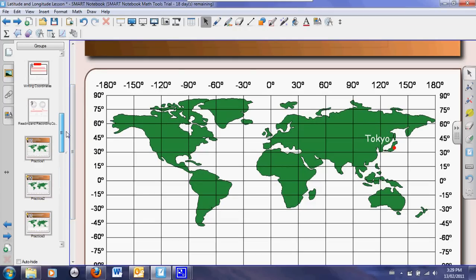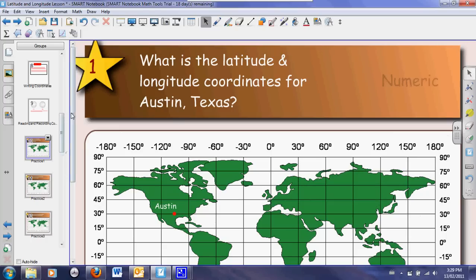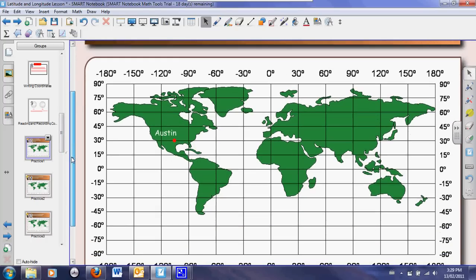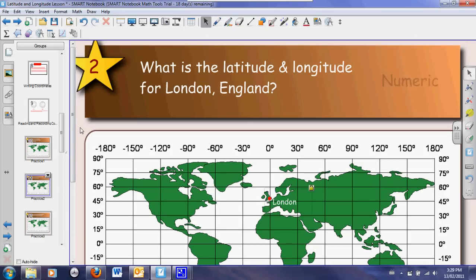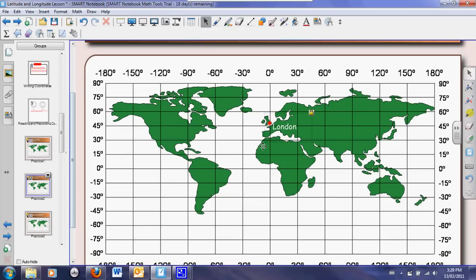So what are the answers? Well, let's go back. Austin, Texas, you have, so we go north first, so 30 degrees north, 110 degrees west, approximately. This one here, you always go north, so let me see here, about 50 degrees north, and maybe 1 degree west.